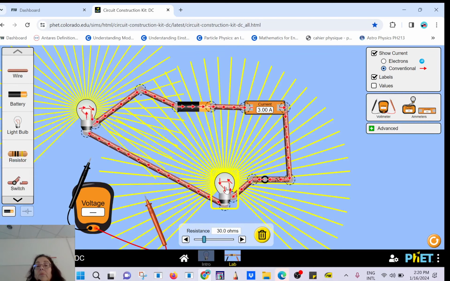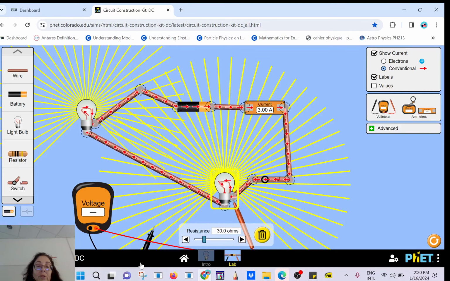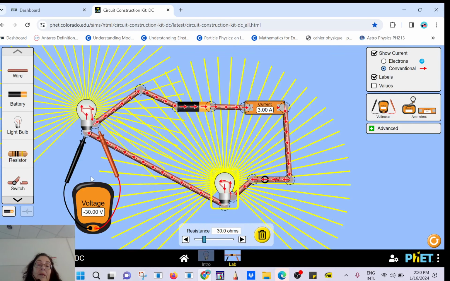It's not supposed to be because it has a larger resistance, but it is brighter because of Ohm's law. It's taking most of the voltage, right? So you have 30 times 3 is 90 volts. This one has a small resistance, so it's supposed to be very bright, and it's not, because it doesn't get the voltage it needs.